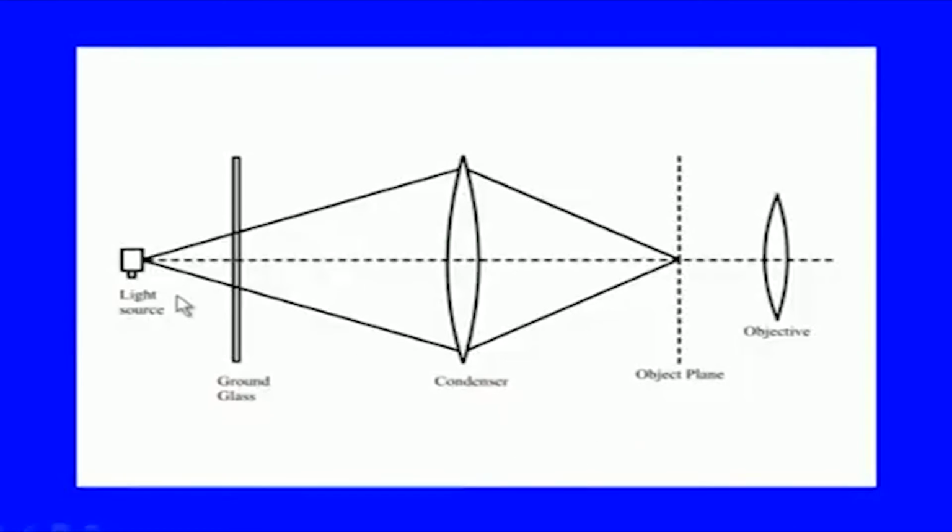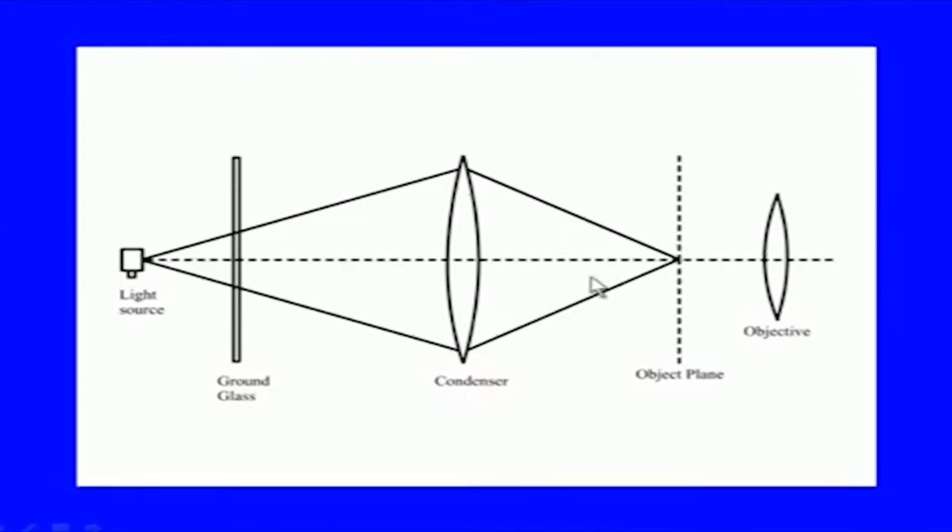Now, this is a very simple schematic diagram to show the critical illumination. A simple light source will be illuminating the object, and the condenser will focus the light into a very small cone of area. Stray light has to be avoided through different apertures or diaphragms placed at different sites, and a very small cone of light will illuminate the object at the object plane.